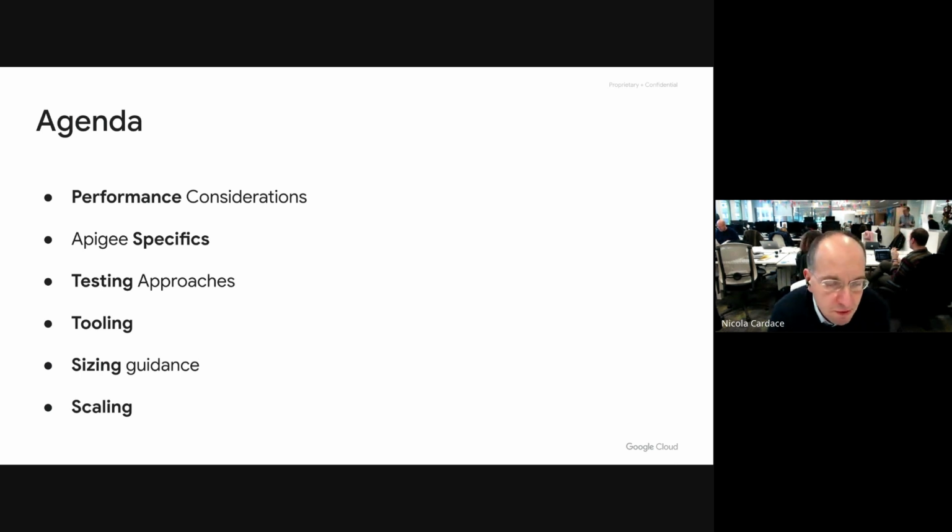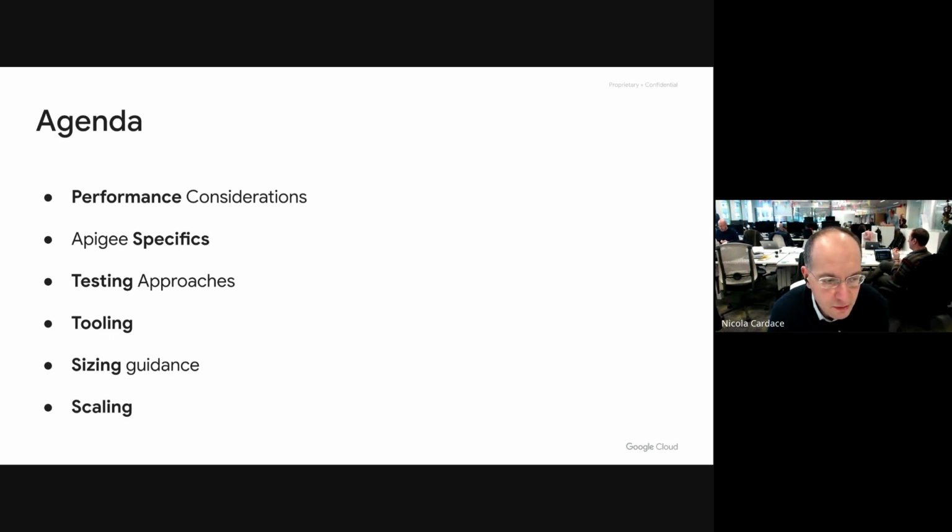So we do performance considerations. I'll explain what it is if you've never done anything similar. Then we look into the Apigee specifics, and then we cover more detailed testing approaches: what methodology, the process itself, how to iterate, and why it is important to iterate and tune. And then the tooling.